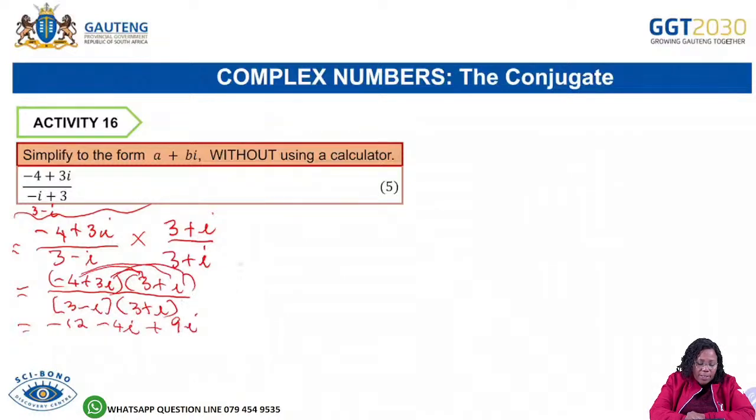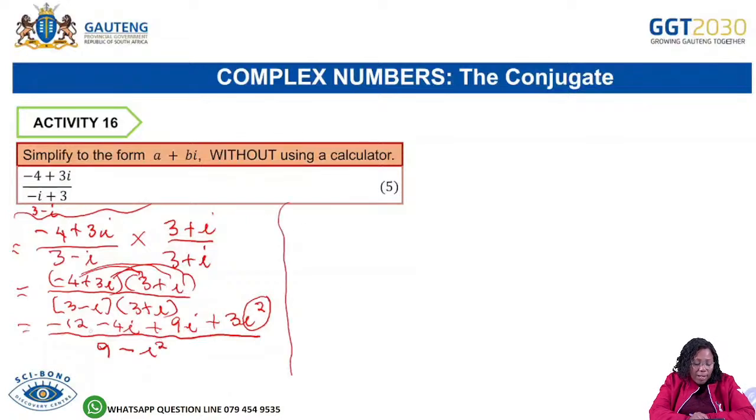And then 3i times i is plus 3i squared. Do you still remember that we said i squared is equal to minus 1? So we are going to apply that. And then 3 times 3 is 9. These ones are a difference of two squares, they will give us minus i squared there. And now from here, grade 12s, we can add like terms.